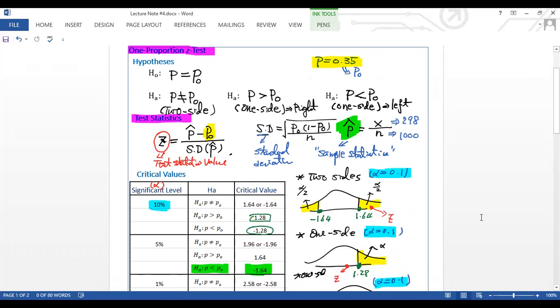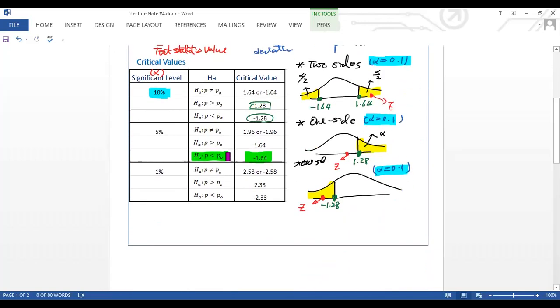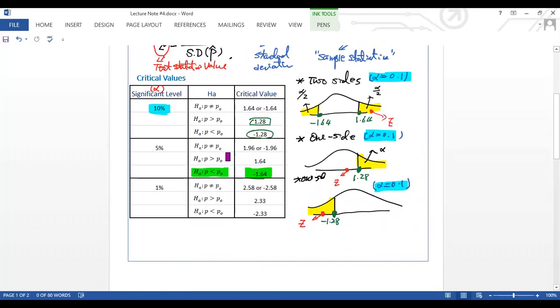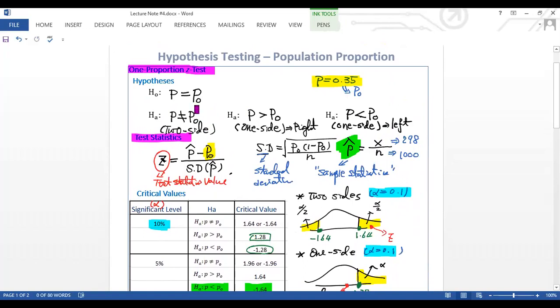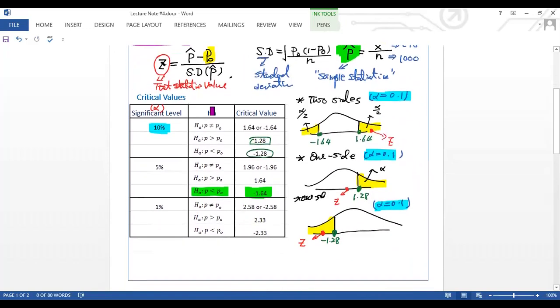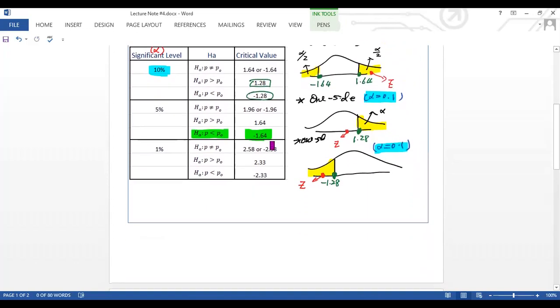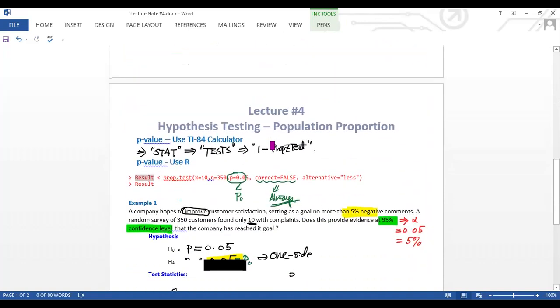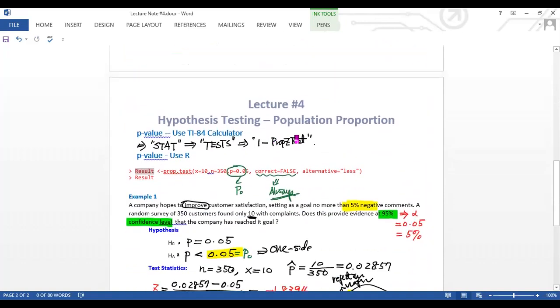Say if I want to compare whether the graduation rates of two high schools are the same or not, now you have two populations, two proportions you want to compare. Then what is the test statistic? The only thing that will change is the test statistic, and all the other parts of the process will be the same. You still define the hypothesis, you do the test statistic, you find the critical values or you use the p-values here, then make conclusions, right?